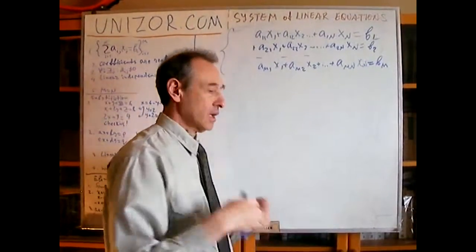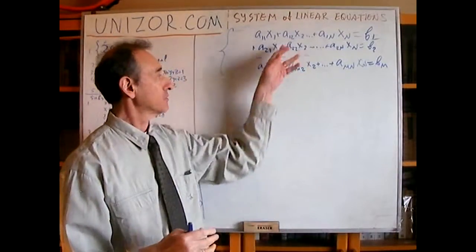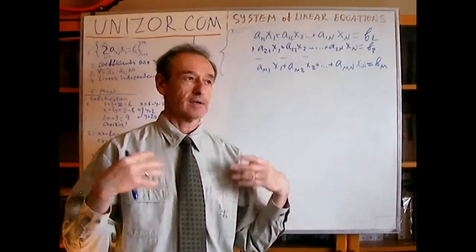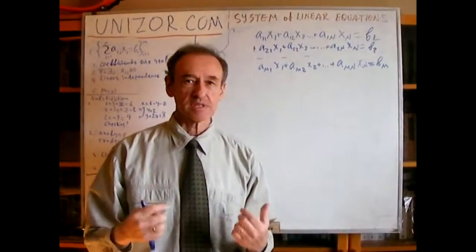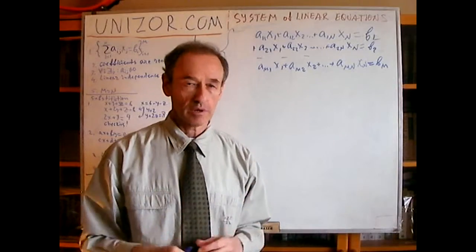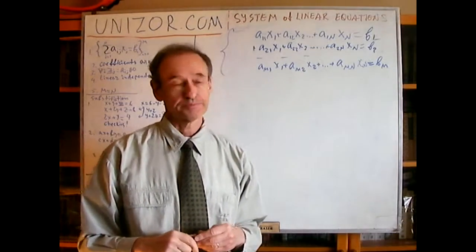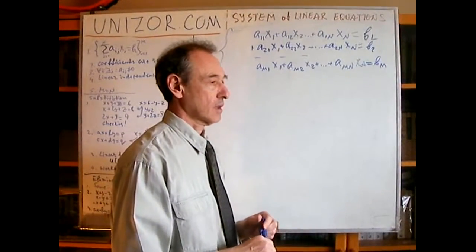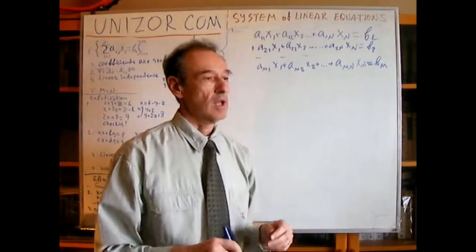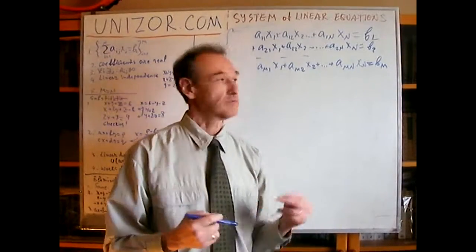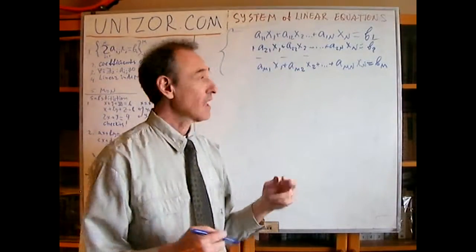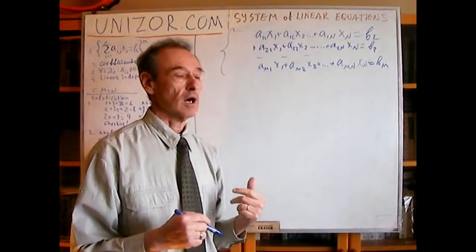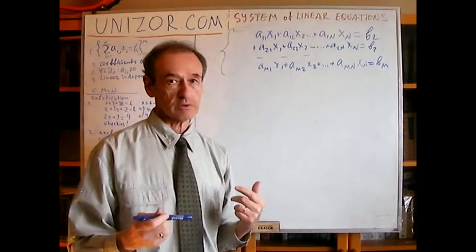Now, can we consider any system of m equations with n variables that look like this a good and meaningful system of linear equations? Well, the answer is no. First of all, think about these coefficients. A very important quality for each of these equations is that at least one of these coefficients should not be equal to 0.